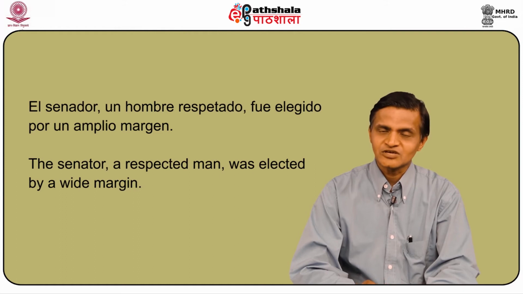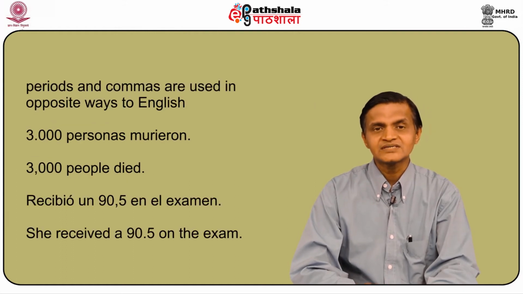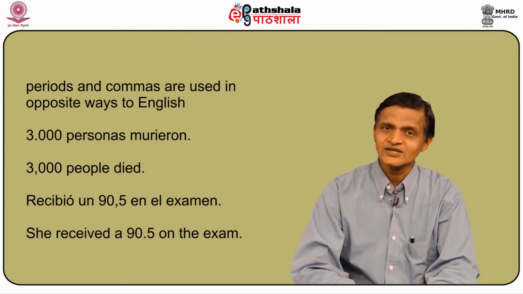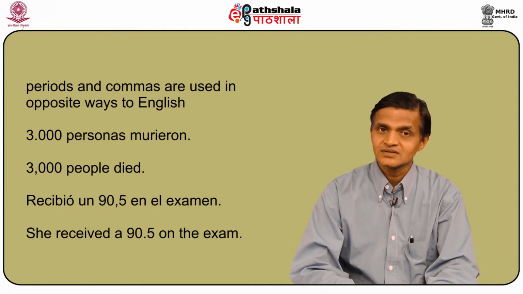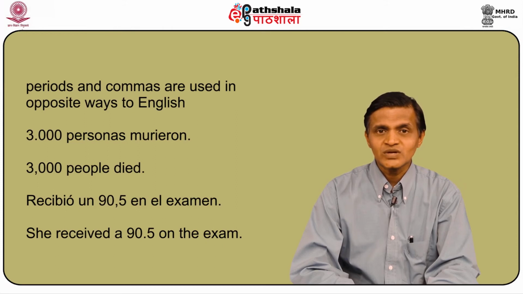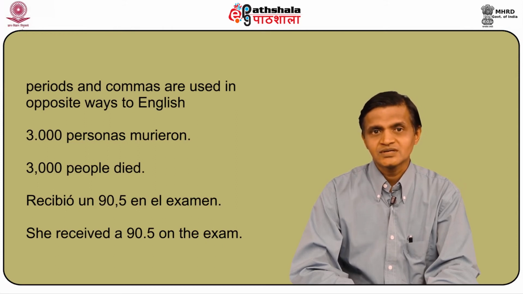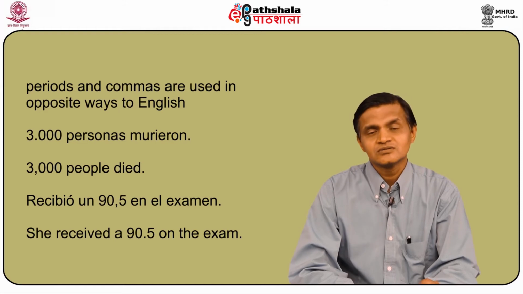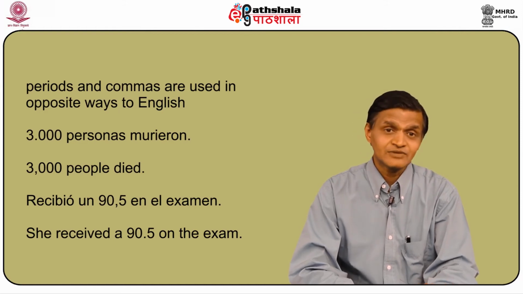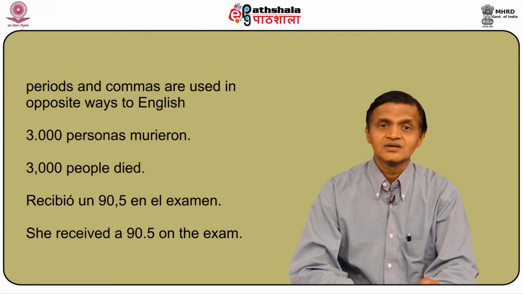In many Spanish-speaking countries, periods and commas are used in the exact opposite way as they are in English when writing numbers. 3.000 personas murieron is 3,000 people died. In English, it is a comma, and in Spanish, it is a period: 3.000.